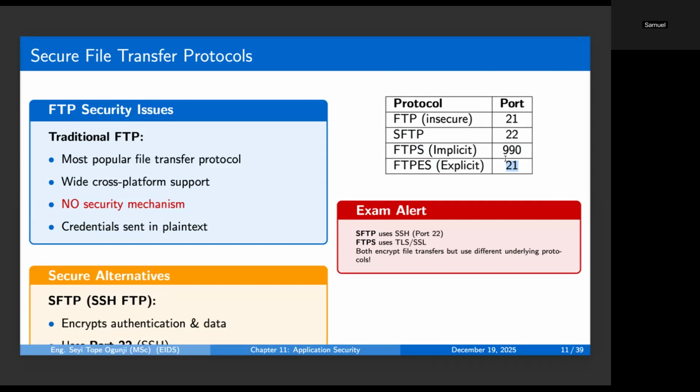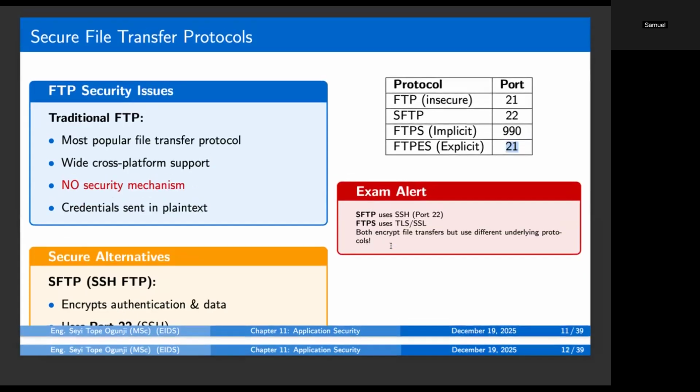That means you do your FTP protocol over a TLS layer or over SSL. So that means you are adding security. You could add it implicitly, if the security is added at the beginning of the procedure using port 990, or explicitly, starting the normal way and then adding security to it.